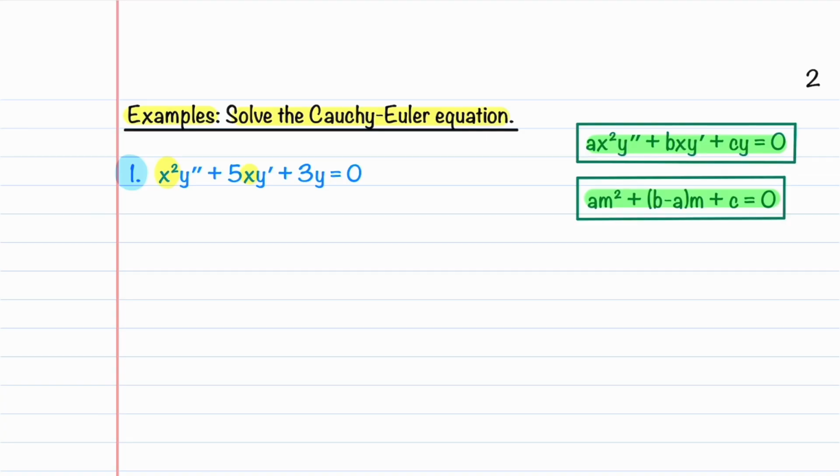The solution for this type of equation is y is equal to x to the m. That's where you start. Now what we're going to do is find y prime and y double prime and then substitute them back into our equation.